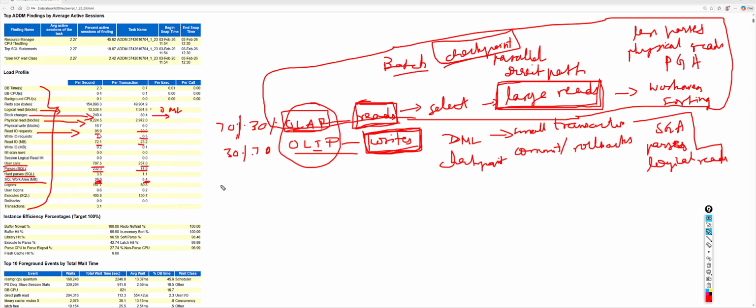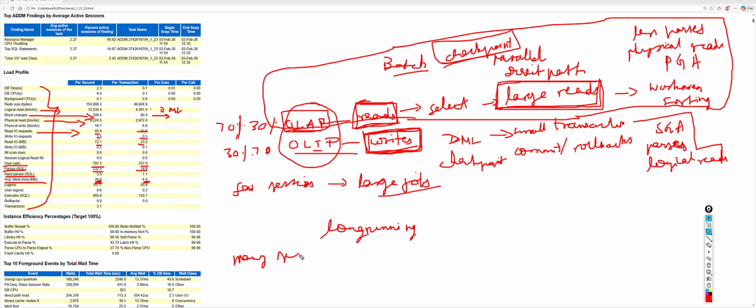Because in OLAP systems there will be few sessions executing large jobs, long running transactions. But in OLTP systems, many sessions running small jobs.